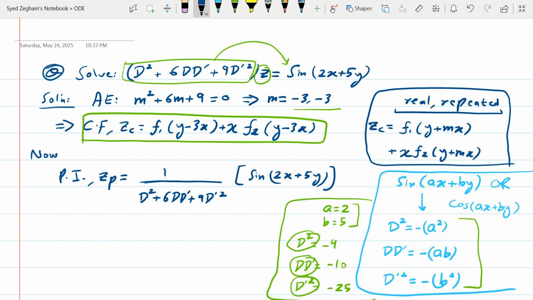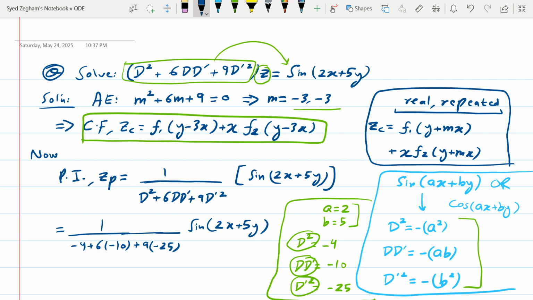So my answer will be 1 over D square, that is minus 4, plus 6 times D D prime, that is minus 10, plus 9 D prime square, that is minus 25, on sine 2x plus 5y. So this is actually our ZP.